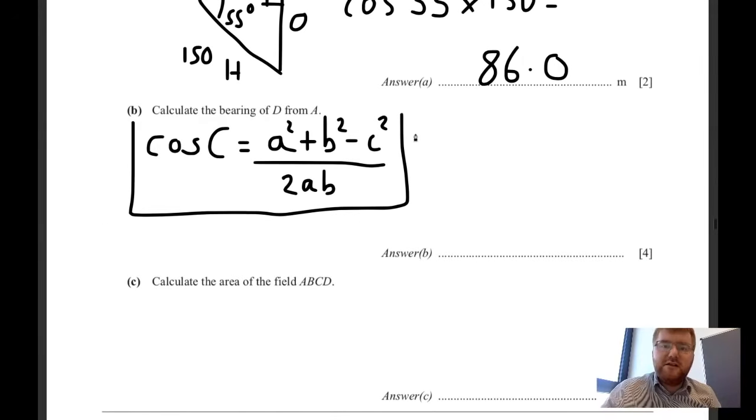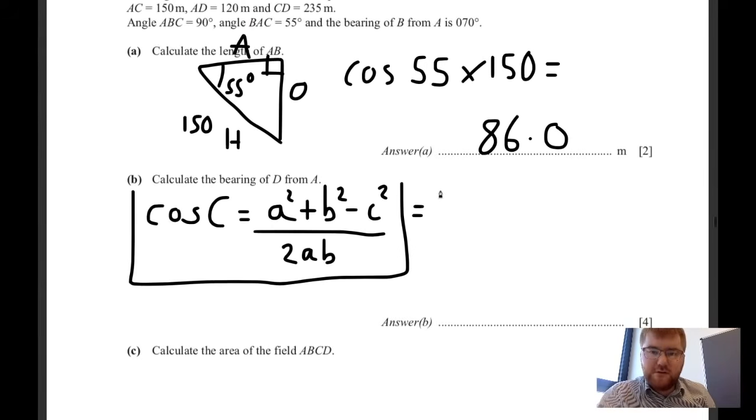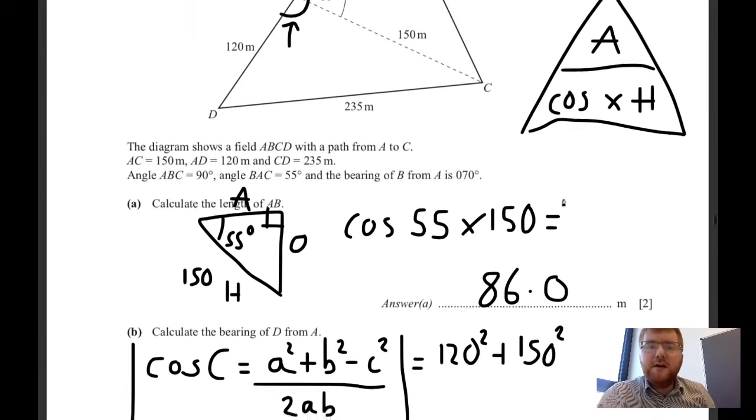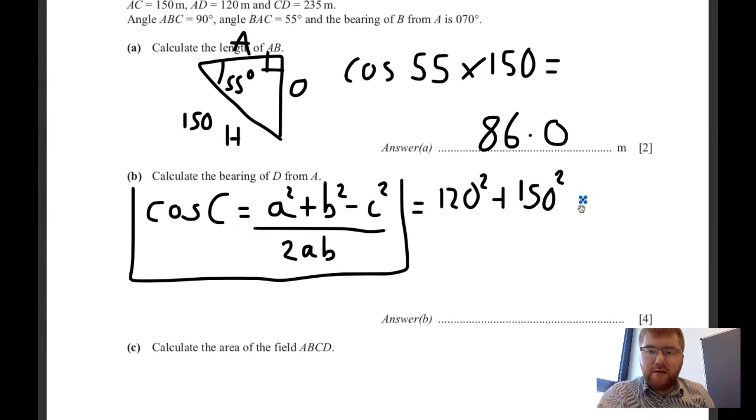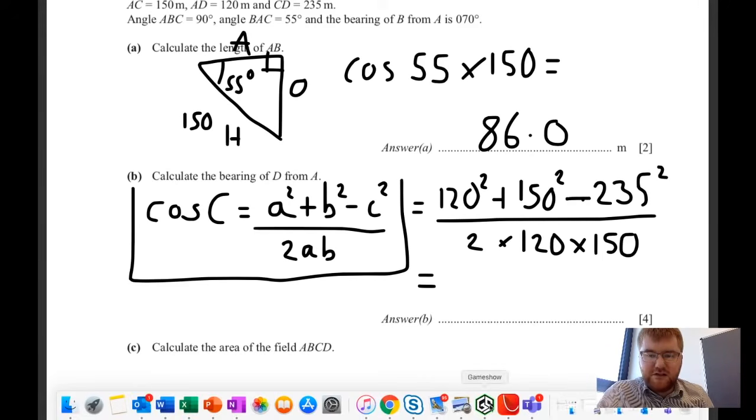So if we work this out, we've got 120 squared plus 150 squared minus 235 squared, all divided by 2 times 120 times 150. And once we've worked this out, we'll get a decimal of some kind. So let's go back to my GDC.